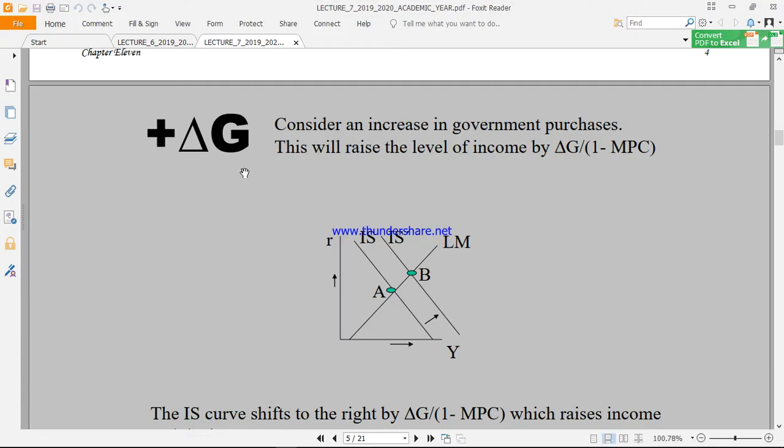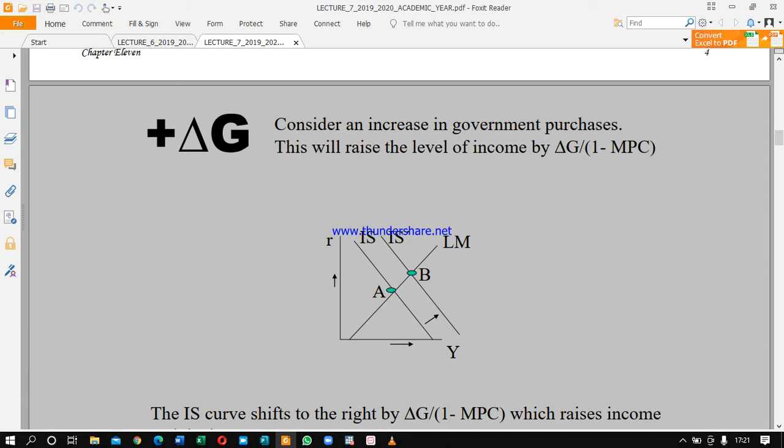All right. So now we understand that one of the major components of fiscal policy is government expenditure. Fiscal policy contains these two: government expenditure and the taxation programs.